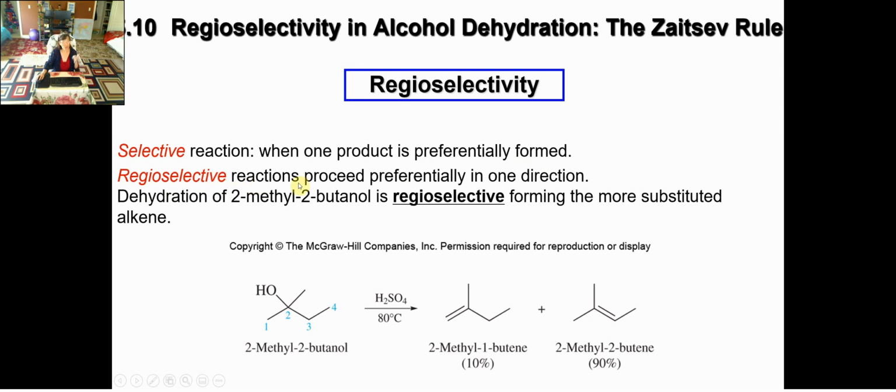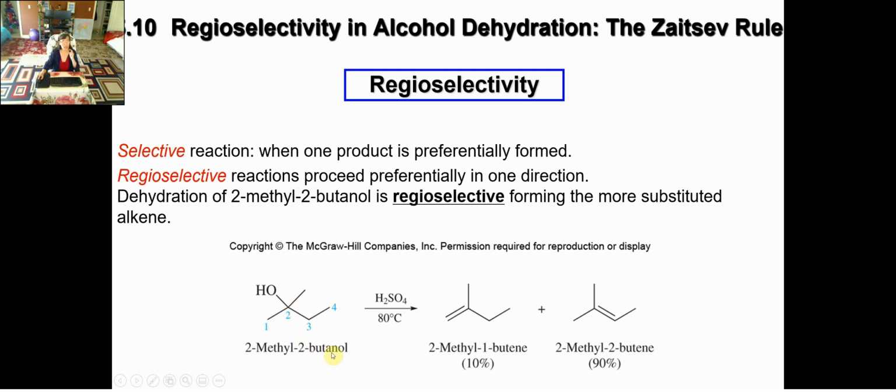Regioselective reaction refers to the process preferentially in one direction, such as if you have this molecule, let's see, we have 1, 2, 3, 4, you have 2-methyl-2-butanol.